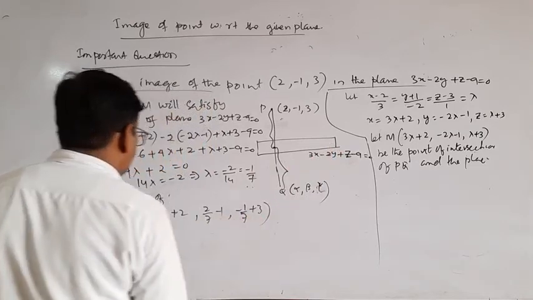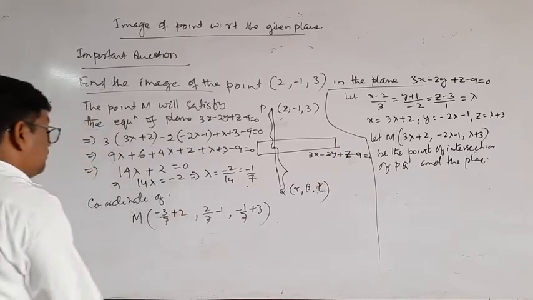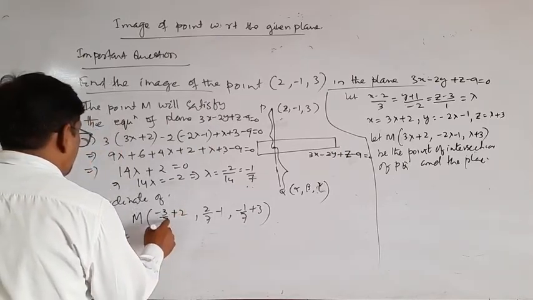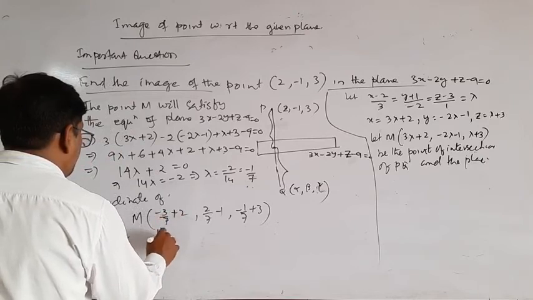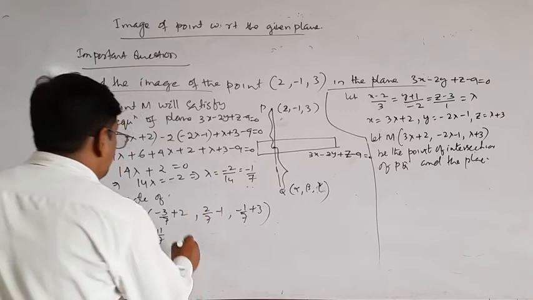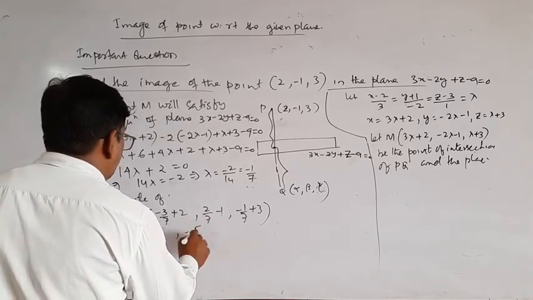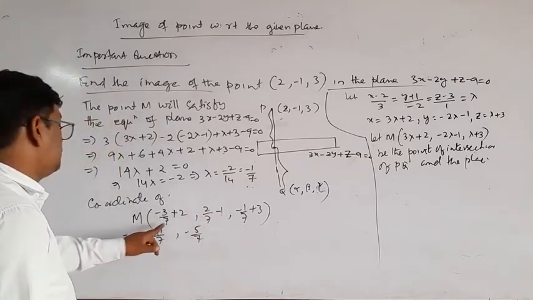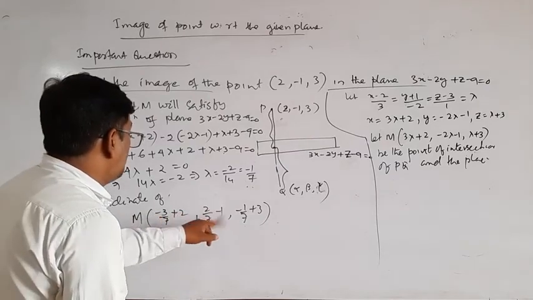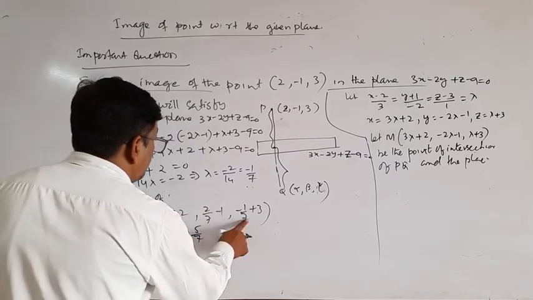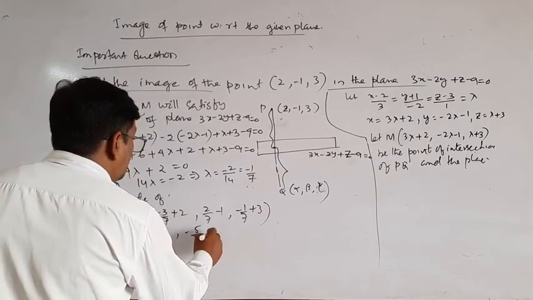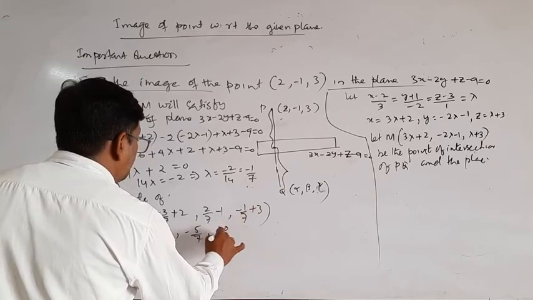So this is equal to 14 minus 3, that is 11 by 7; 2 minus 7, that is minus 5 by 7; and 21 minus 1, that is 20 by 7.